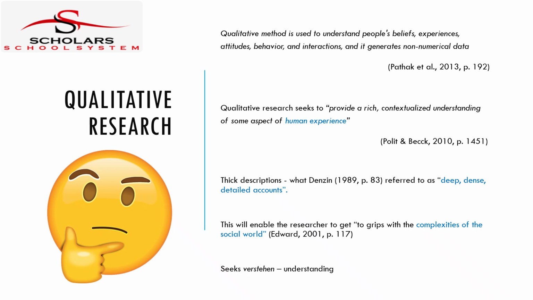Its basic aim is to provide a detailed and contextual understanding of human experiences. According to Denzin in 1989, he describes qualitative research as thick description, meaning a deep and detailed understanding of social interactions in society. This approach allows researchers to explore the complexities of our social world.